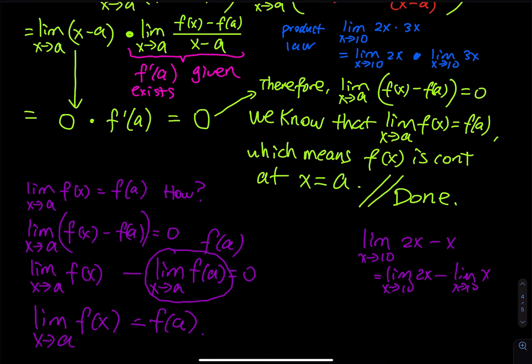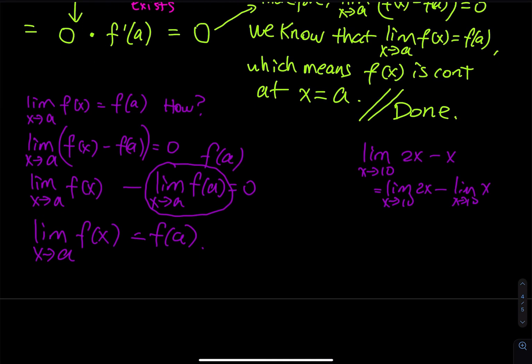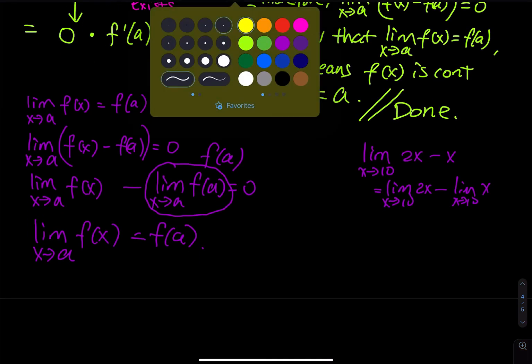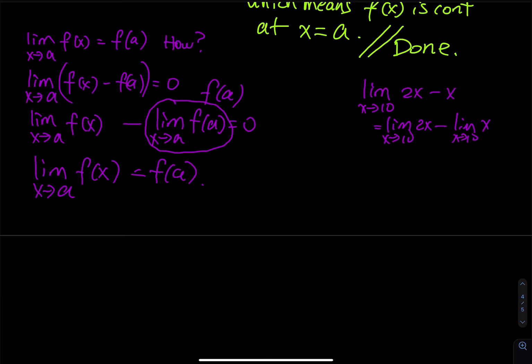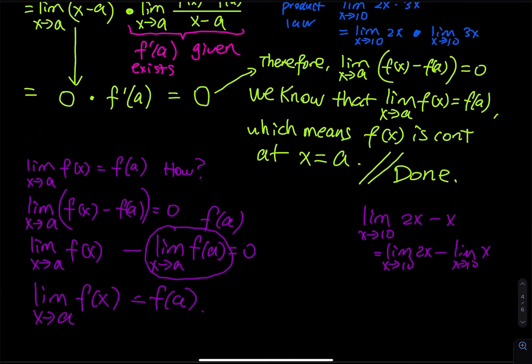And then I have more to say regarding this theorem. The first thing that I want to say is the contrapositive is true. So let's put this down. What does the contrapositive mean? Let's go back to the theorem.